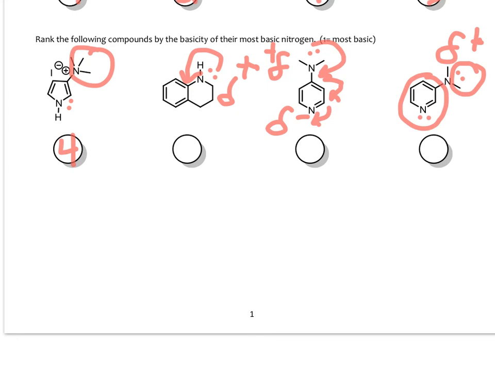This third molecule has a delta minus on a nitrogen, so this is going to be our most basic nitrogen. This will be our number 2 basic, and this will be our number 3, because this sp2 hybridized nitrogen, or the lone pair sitting in that sp2 orbital, has no partial positive charge, so it's going to be the most basic nitrogen on that molecule.